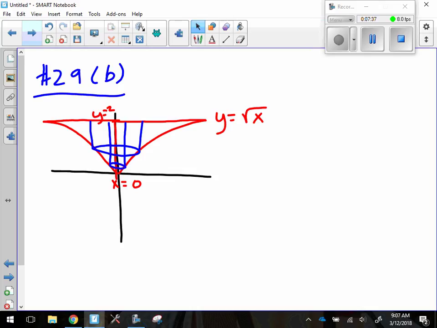And then the cups get shorter and shorter and fatter and fatter. But there's no hole, so there's going to be a very, very skinny cylinder right here at the top. That's going to be so tiny it barely has a radius at all. So I've drawn my cylinders, and what's the first thing I have to do?